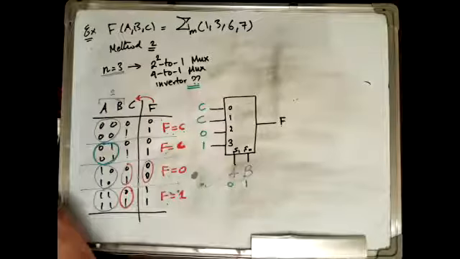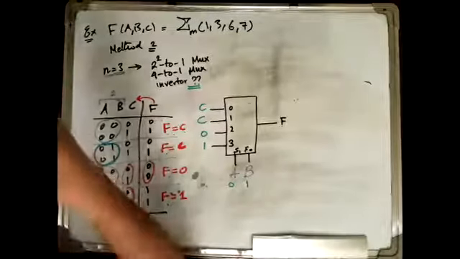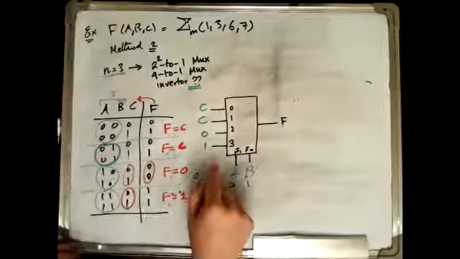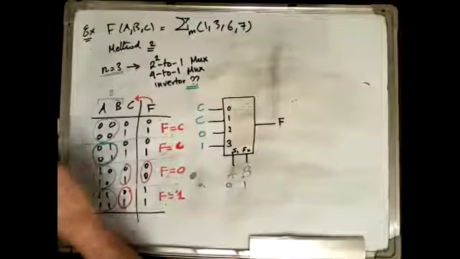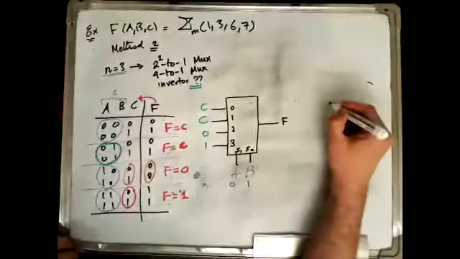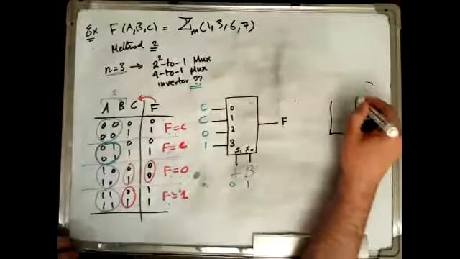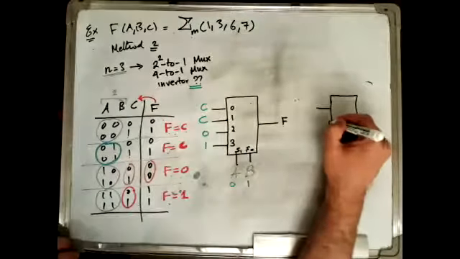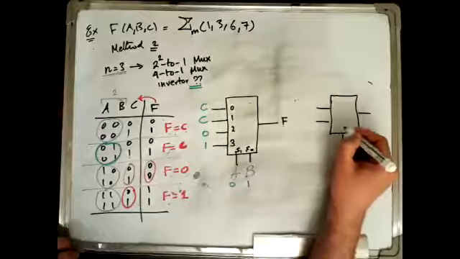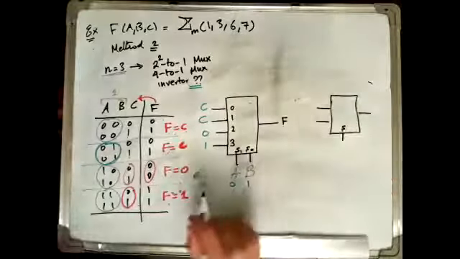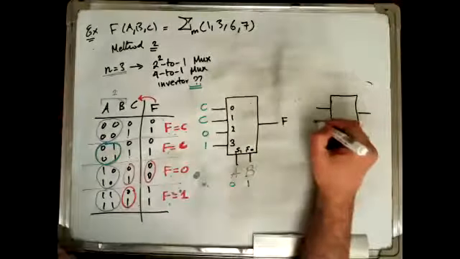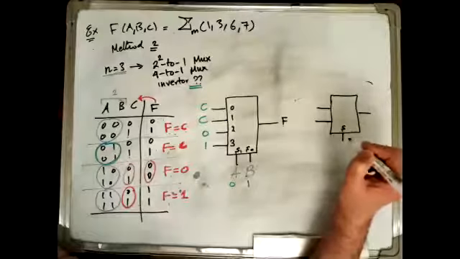Now, as I said, you can extend this further. Can we reduce the size of this mux, for example, to a 2 to 1 mux? If you want to call this method number 3, can we reduce the size of the mux further?